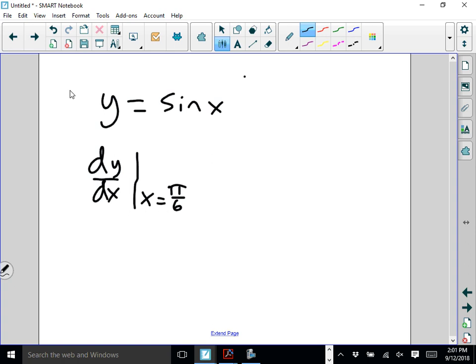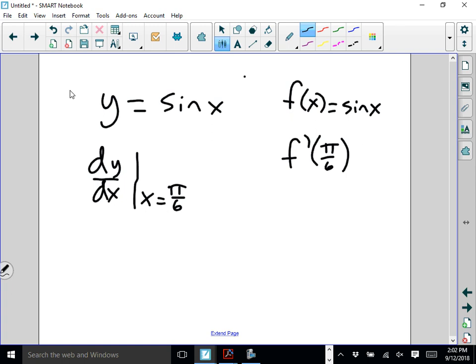So if we say y equals sine of x, the goal here is we want to find out what is dy dx evaluated at an x value of pi sixths. Okay? So let's think about this. This is another way of asking the same exact question as defining f of x equal to sine x, find f prime of pi over 6.